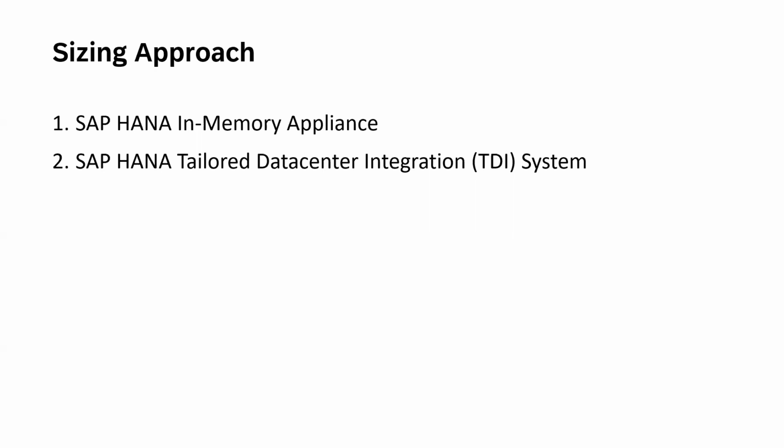You can install the HANA database directly on the operating system, or install a hypervisor, create VMs on top of it, and install your HANA database inside those VMs. That is your TDI integration. The main difference is that in HANA appliances, the HANA database comes pre-installed, and in TDI you have to install it manually.